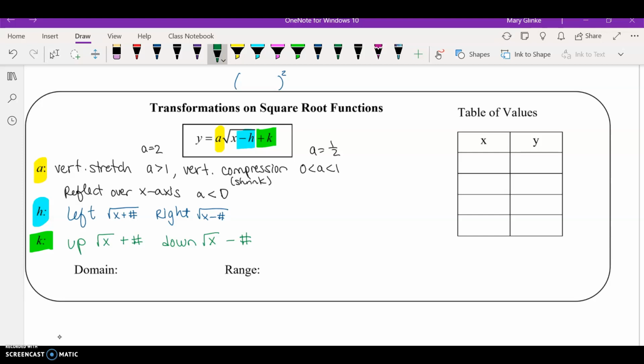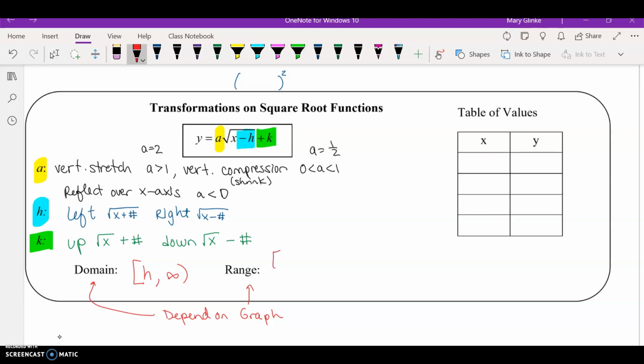Your domain and your range, they're going to depend on the graph. So if you are good at reading it from the graph, you can just look at your graph and read your domain and your range. Otherwise, your domain is always going to start at how far left and right your graph went, and then it's always going to go to the right forever.